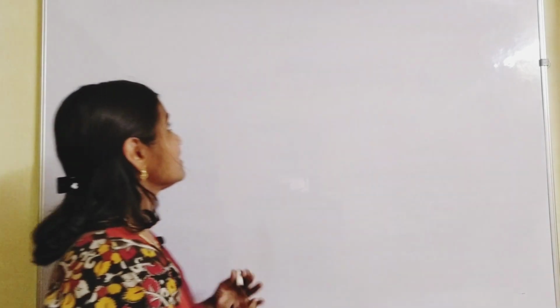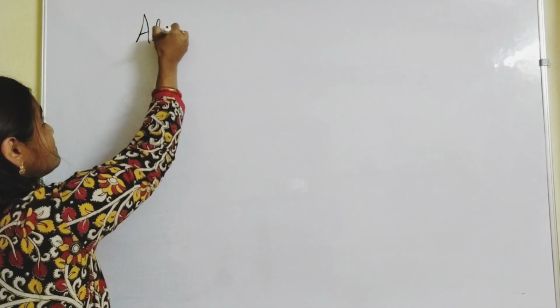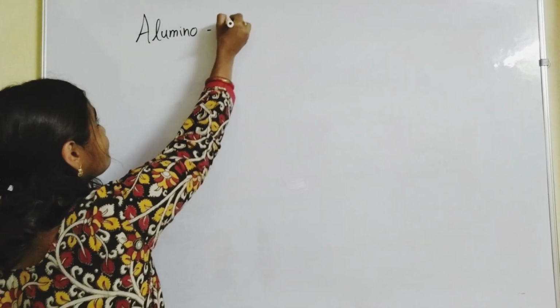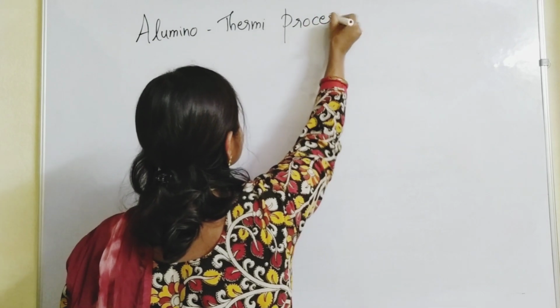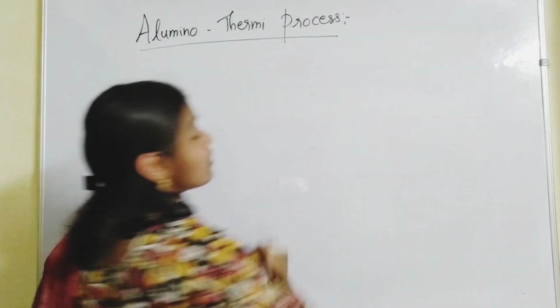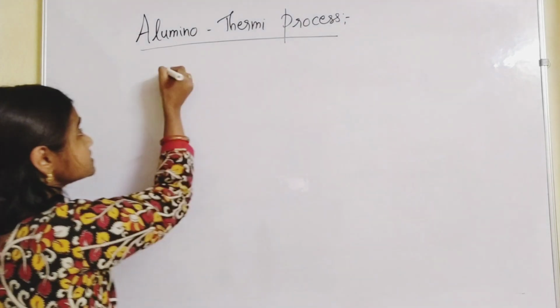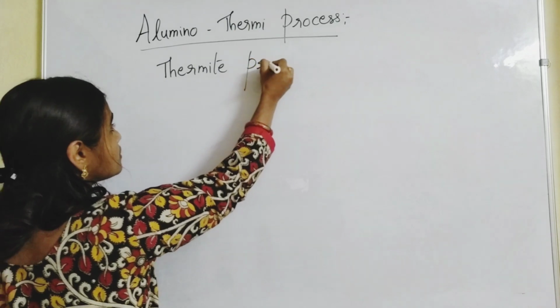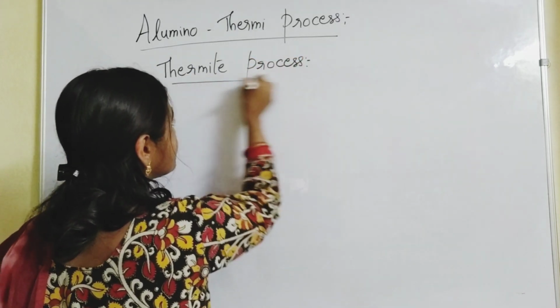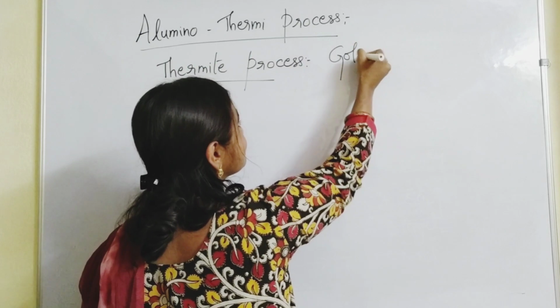So let us go for the topic. Today's topic is the aluminothermy process, which in other words is also called the thermite process, also called the Goldschmidt thermite process.